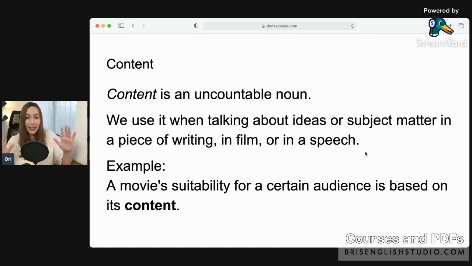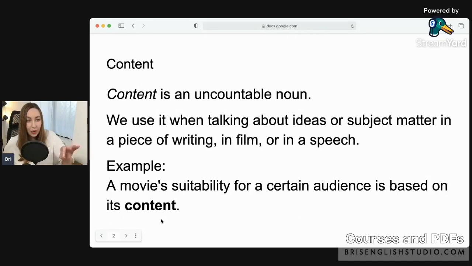So in writing or in film, in speech, in music, what is inside of those things is called content. Okay, so look at this example sentence. A movie's suitability for a certain audience is based on its content.